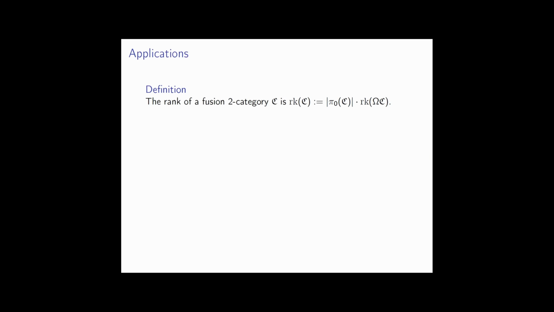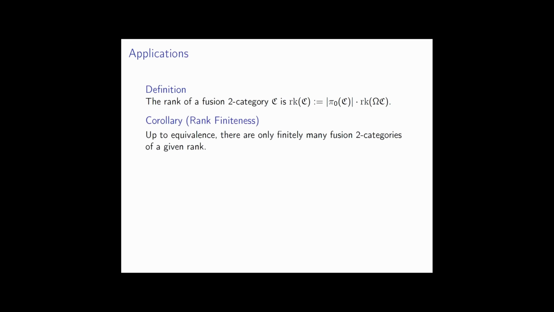Anyways, what are some applications of this classification? Well, there's a bunch of results that are very familiar in the theory of fusion 1-categories that were not known for fusion 2-categories, but are now very easy. Because if you have a classification, you can essentially check that every example behaves the way you expect. One of those is so-called rank finiteness.